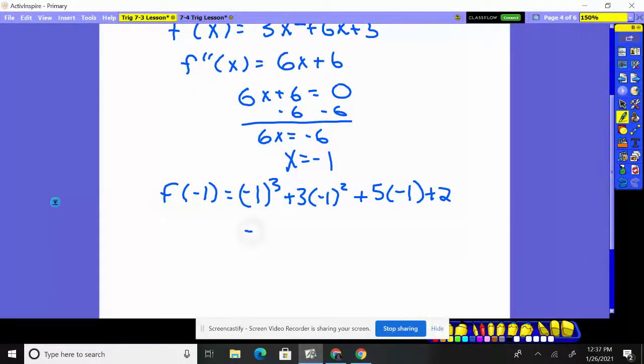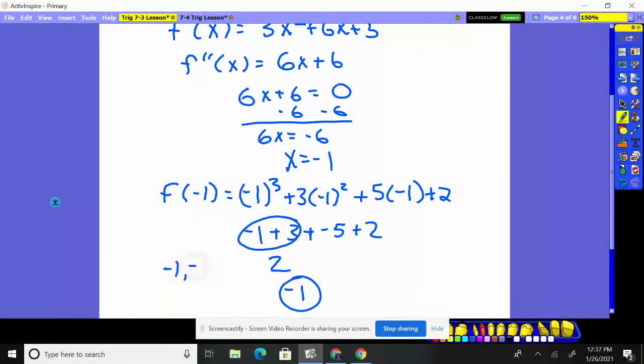That gives us negative 1 plus 3 plus negative 5 plus 2. So that's 2 plus 2, 4, minus 1, negative 1. Funny enough, the point of inflection occurs at negative 1 comma, y value being, we just found it to be, negative 1.